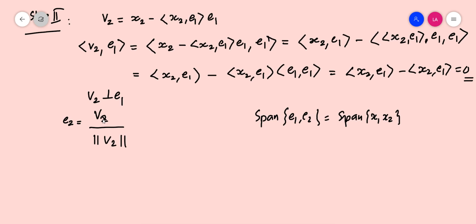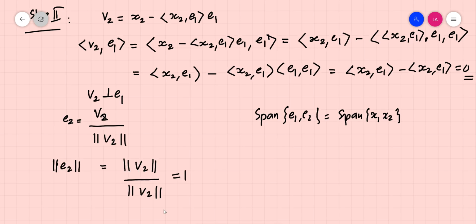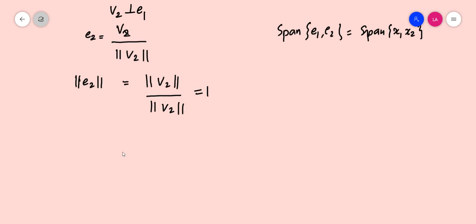Now we have to prove that e1, e2 are orthogonal. Here also norm e2 should be equal to norm v2 by norm v2, which is equal to 1. So norm of e2 is 1.